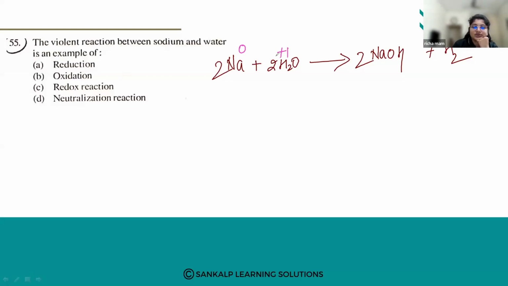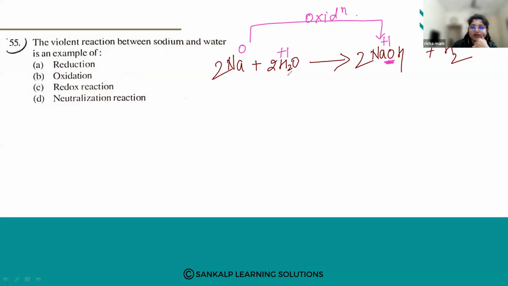Now what is the oxidation state of sodium here? It is plus 1 and hydrogen is 0. So in this reaction, sodium is getting oxidized to NaOH because there is addition of oxygen. When there is addition of oxygen, you say it is oxidation.